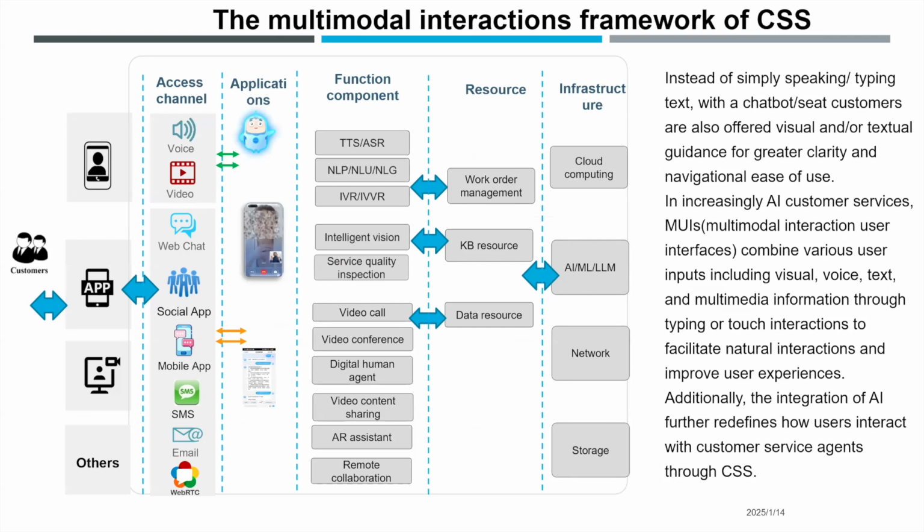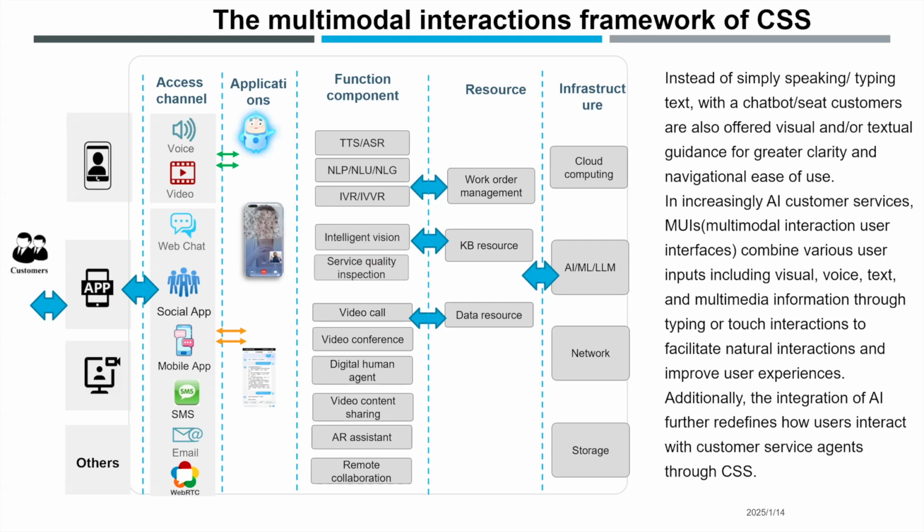So we generated a very brief framework for the multimodal interaction of customer service systems. On the left, we see the external channels. There are many message channels. We can access the customer service through video, image, message, and text. They all go to the applications, then are divided to different functional components to process these messages.